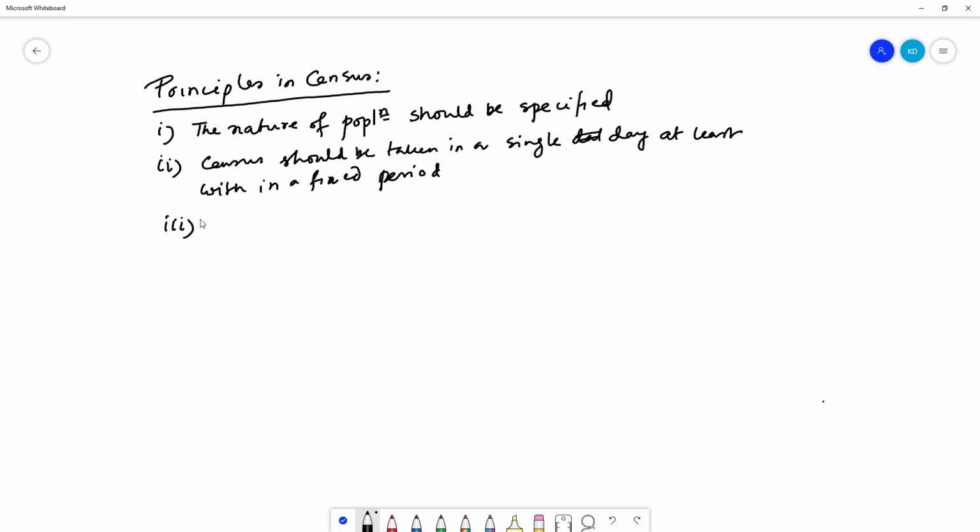Census should be taken every 10 years at least.